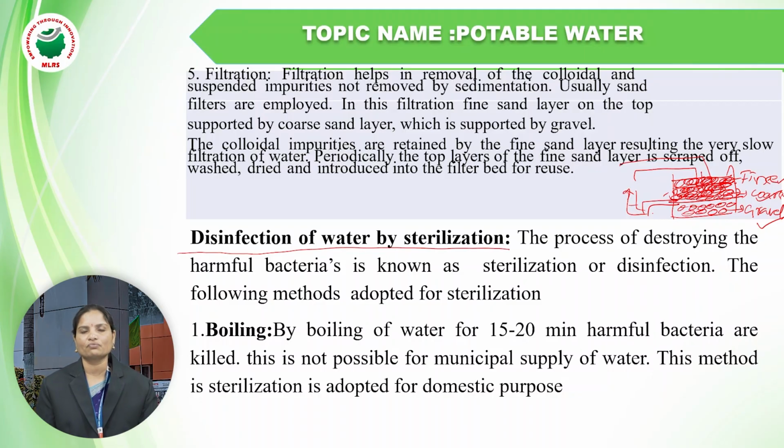So what is meant by disinfection? The process which is utilized to kill the bacteria from the water is called the disinfection process. We use a substance or chemical agent in this process to eliminate or kill the bacteria from the water.